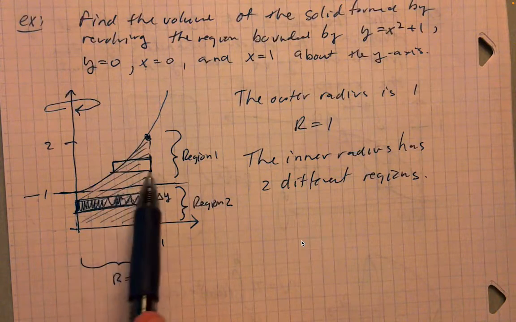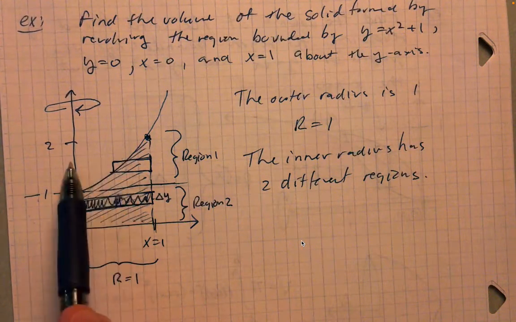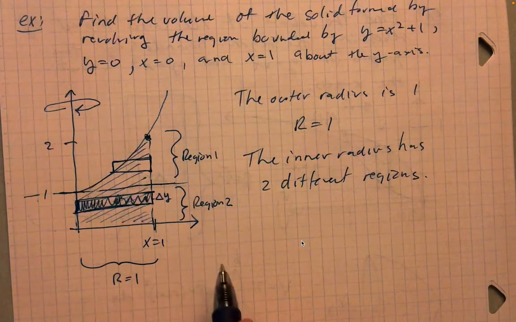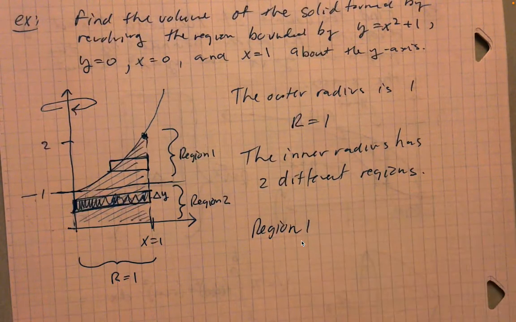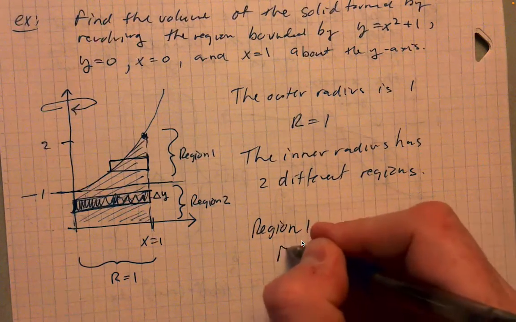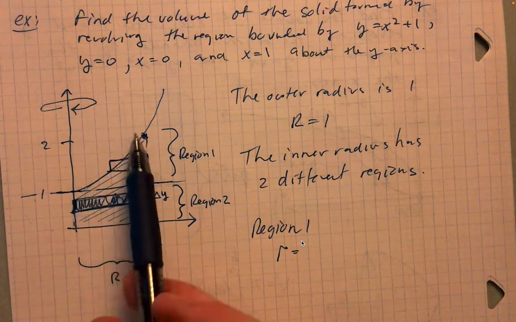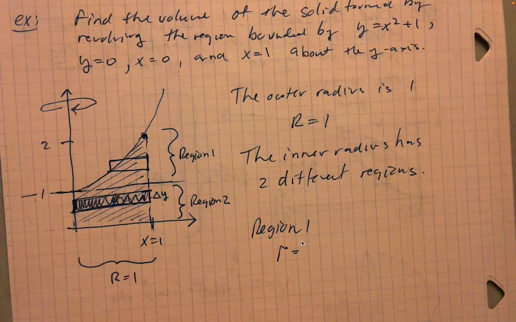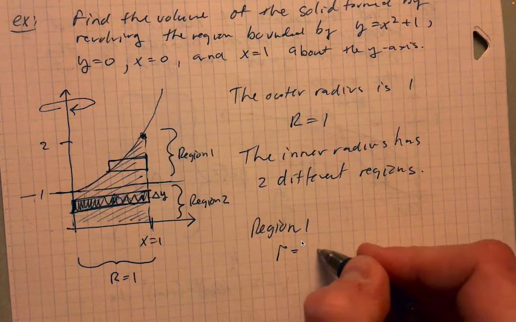Up here, however, the representative rectangle has an inner radius that is different. It's going to be based on this function. So in region 1, little r is equal to this function. But remember, this has got to be written as a function of y, not x. So we'll say r is equal to the square root of y minus 1.